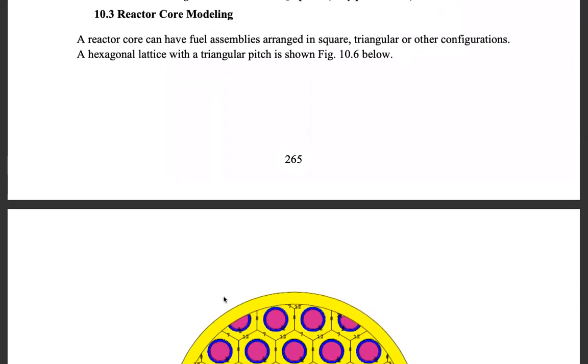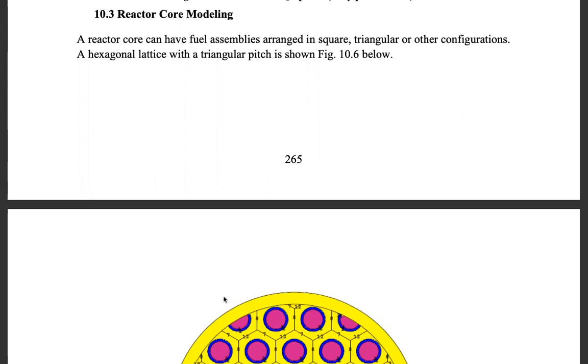Now, a nuclear reactor has a core which has nuclear fuel in it. It's got uranium or plutonium, and it's got it in the form of cylindrical rods, mostly. They can have any other geometric shape, but there are over 440 nuclear reactors, and most of them are light water reactors, pressurized water reactors, and boiling water reactors.